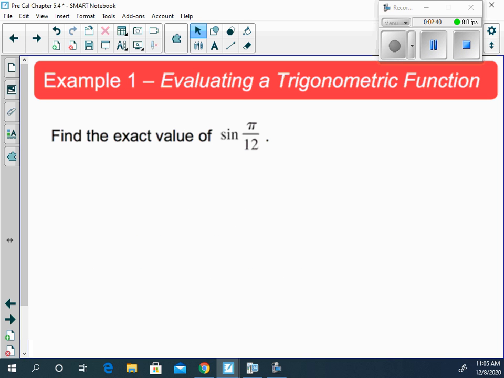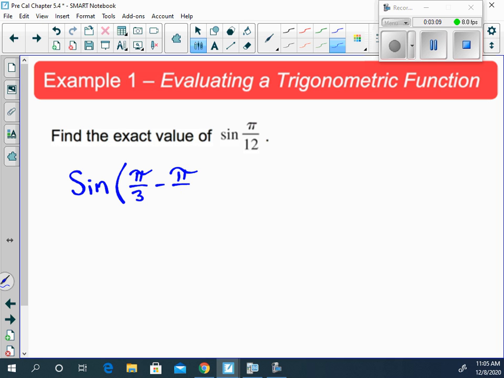And the reason we have this is for something like sine of pi over 12. Because if we're sticking purely to the unit circle, pi over 12 is not on the unit circle. It's not one of the angles that would be a part of the unit circle. But what I can do is take 1/3 minus 1/4.